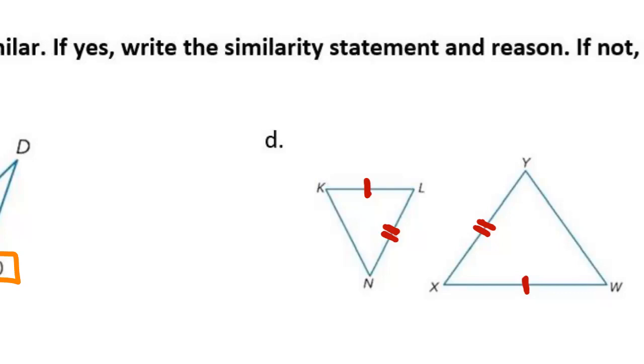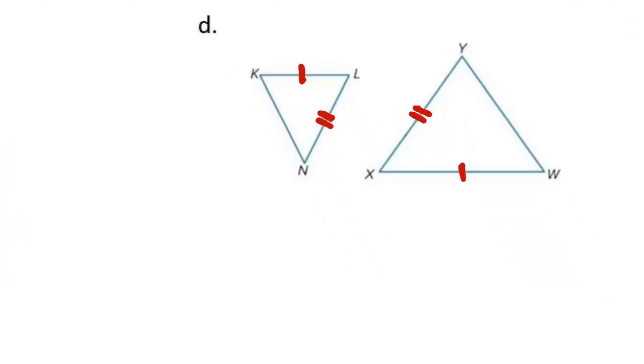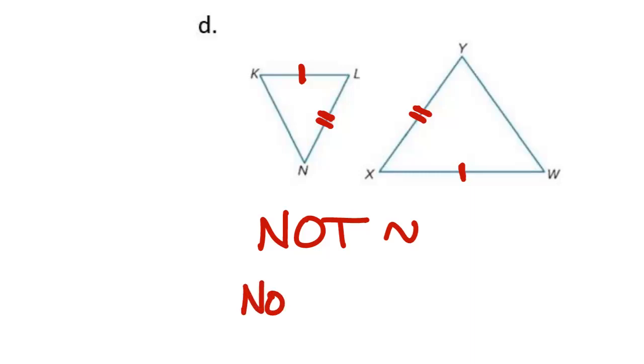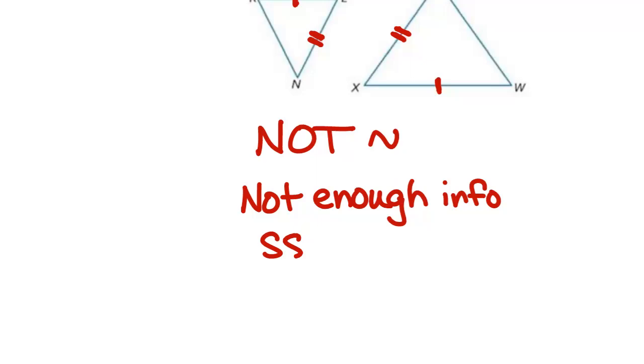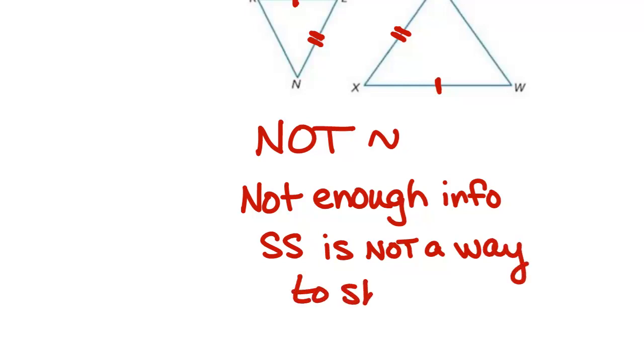Is side, side enough to say these triangles are similar? No. So here I would say not similar, and my reason for that is not enough information. Side, side is not a way to show similarity.